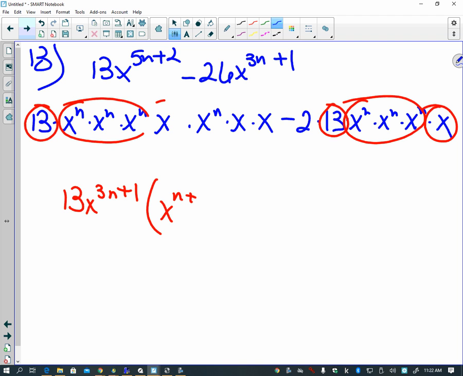This should still be x to the n. What do we have left? We should have x to the 2n left in here, plus 1, minus 2. That's it, right? Everything else has been taken. Does that work? We got it?